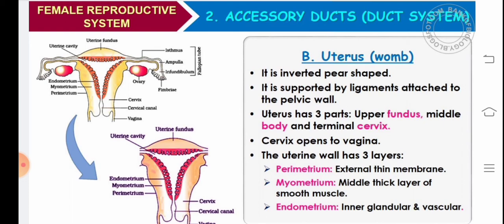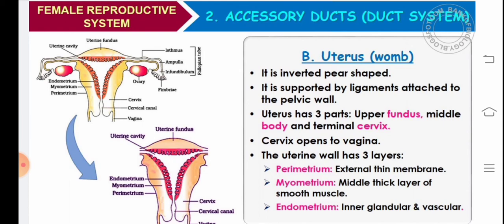The uterus has 3 parts: upper fundus, middle body, and terminal cervix. The cervix of course later opens into the vagina. The uterine wall has 3 layers, namely perimetrium, myometrium, and endometrium. The perimetrium is the external thin membrane.